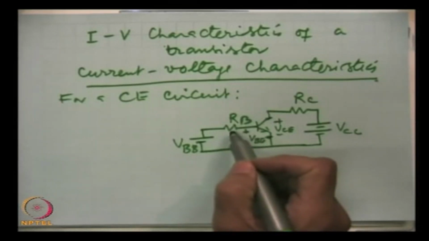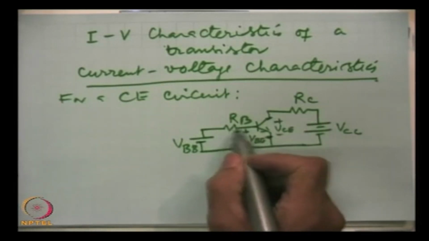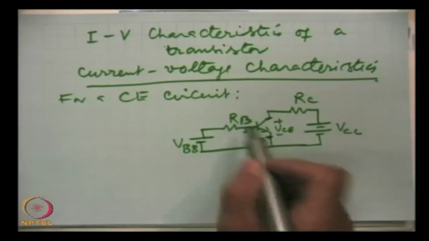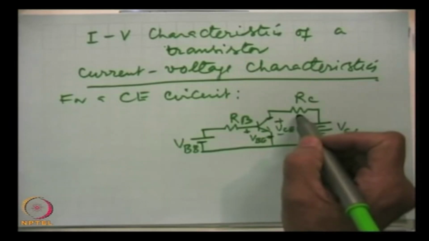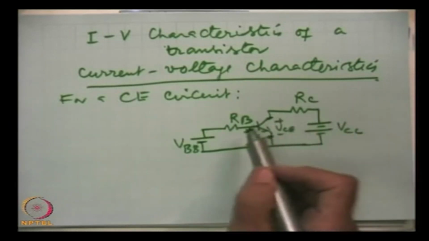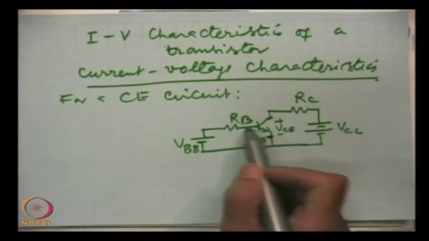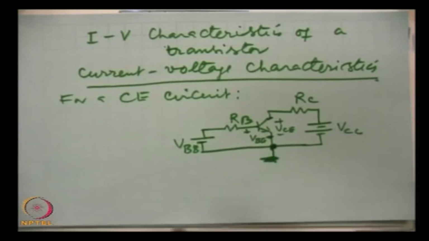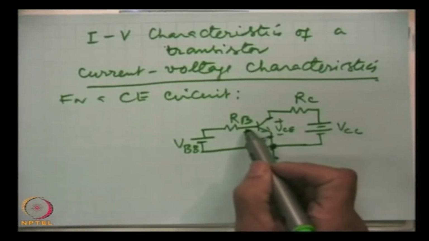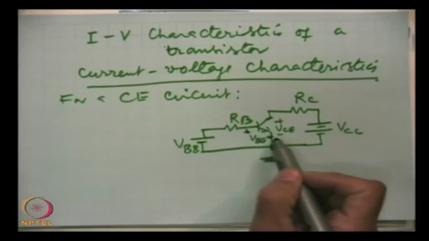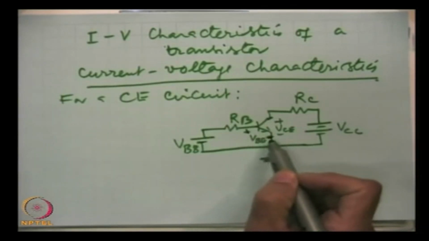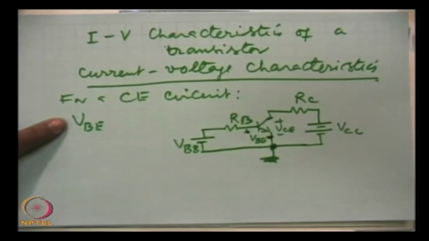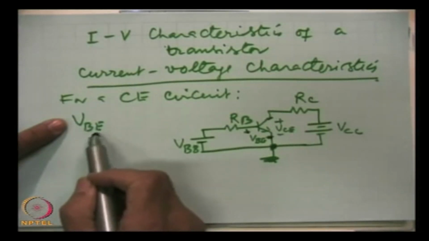The resistance which is connected to base is written as RB, B is the subscript, and this resistance with the collector RC. The voltage drop between base and emitter, emitter is one terminal is often grounded. So, this is the positive voltage drop, this is minus, and this is designated as VBE, voltage drop between base and emitter.